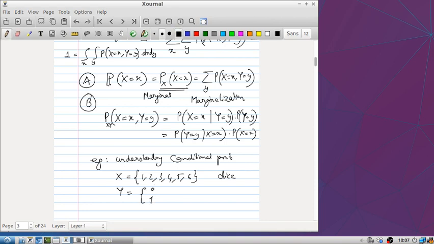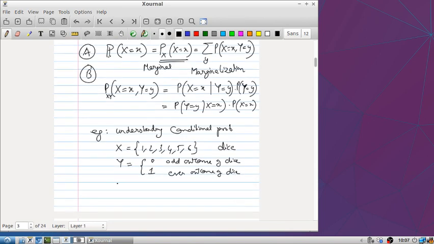It takes values 0 and 1: 0 represents an odd outcome of the die, and 1 an even outcome. What is the probability that y takes a value 0? Let's say it's an unbiased die, a nice fair die. Then the probability that y takes value 0 is 1/2, right? And the probability that y takes value 1 is also 1/2. The probability that x takes any particular value, little x, is 1/6.